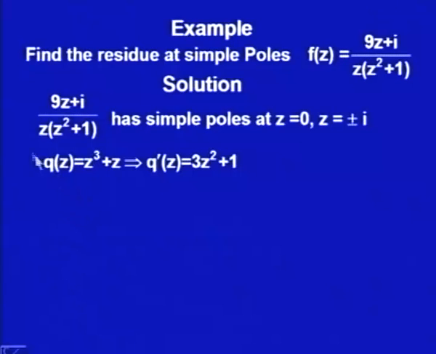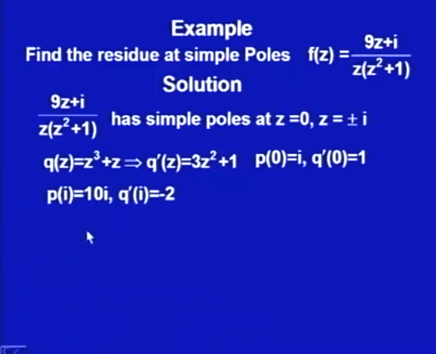So, I am using that method, that is simpler. So, q(z) is z cubed plus z, this says q'(z) would be 3z squared plus 1. So, p(0) is i and q'(0) is 1 here. So, at z equal to 0, p(z) is not 0, all these conditions are satisfied.